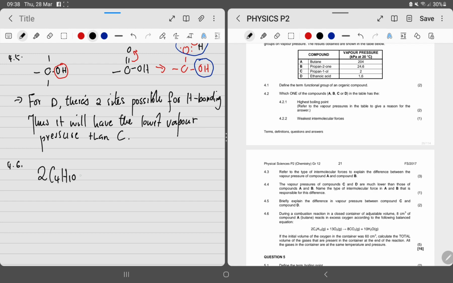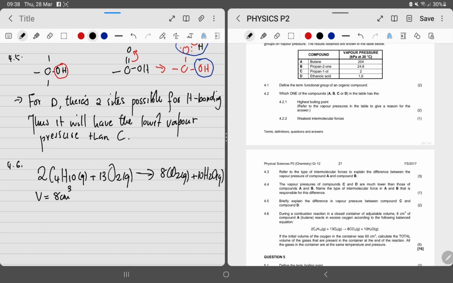It is a complete combustion because the oxygen is in excess. And then we are forming 8 carbon dioxide plus 10 water.